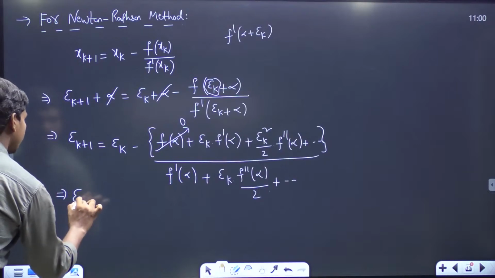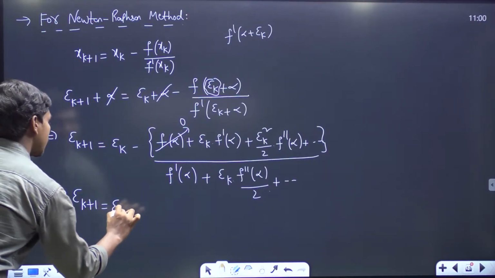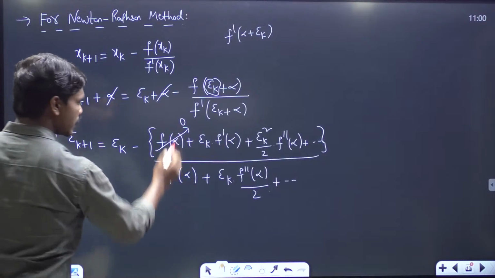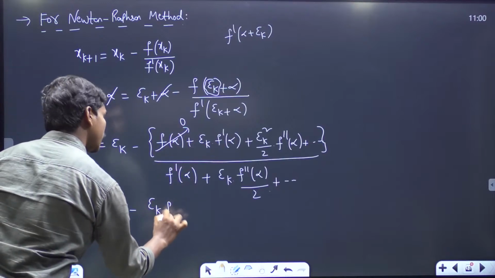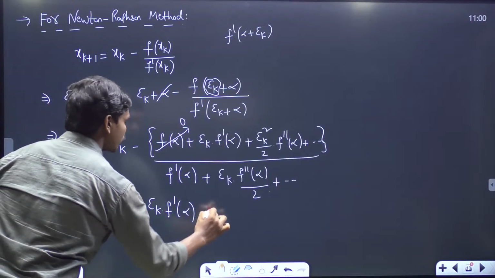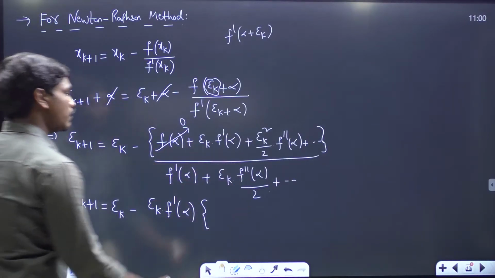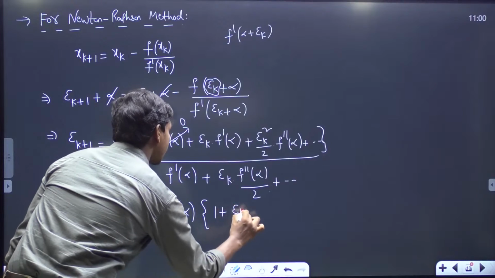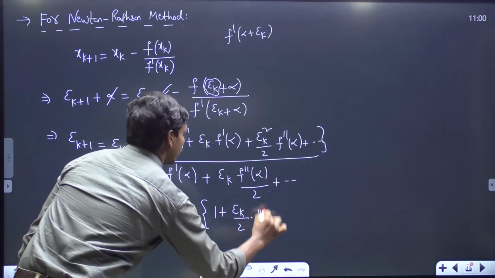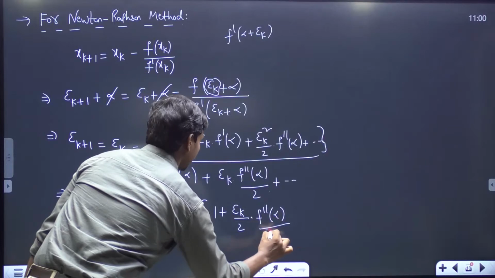Okay, so now take f'(alpha) and ek common from all these things. ek plus 1 is equal to ek minus, if you take ek common, ek into f'(alpha), if you take it common, 1 plus ek by 2 into f''(alpha) divided by f'(alpha).